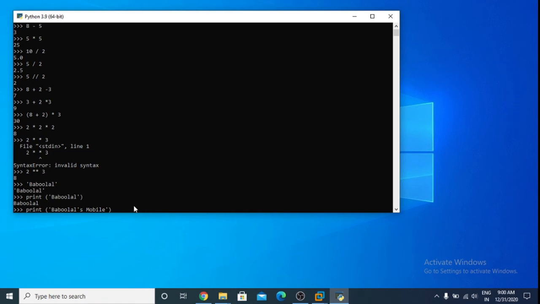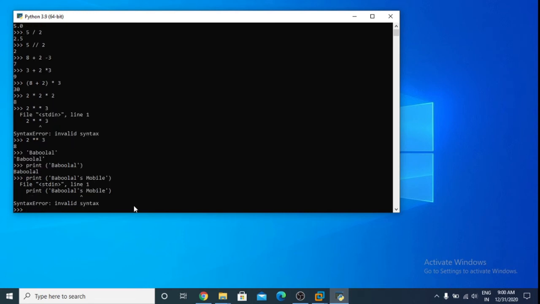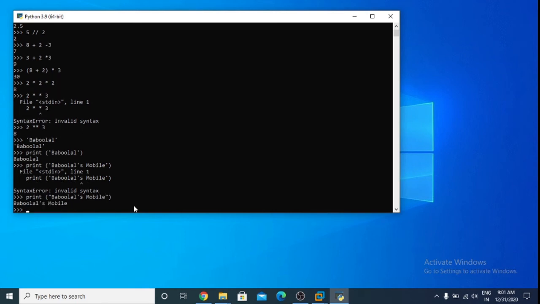So it definitely gives an error. You can see it is invalid syntax. So it's a syntax error. So in these type of cases you use a double quote. Here you use double quote and here start with a double quote now. Okay, so Babulal's mobile.